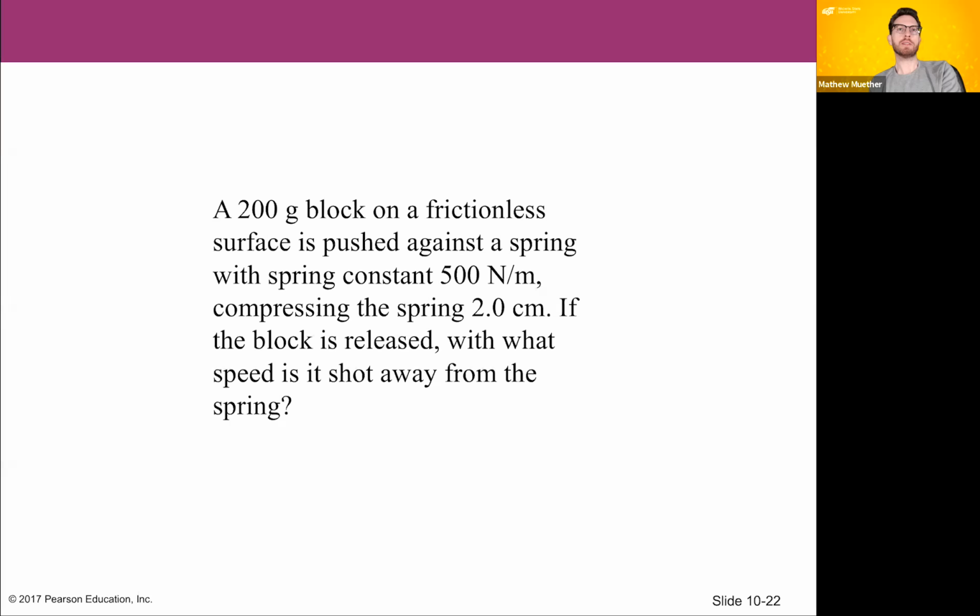Let me give you guys a second. Why don't you try to work through this one yourself? See if you can calculate, using our energy conservation rules, the speed that the spring is going to fire the block away with. I'm going to give you maybe three minutes to work through this one.